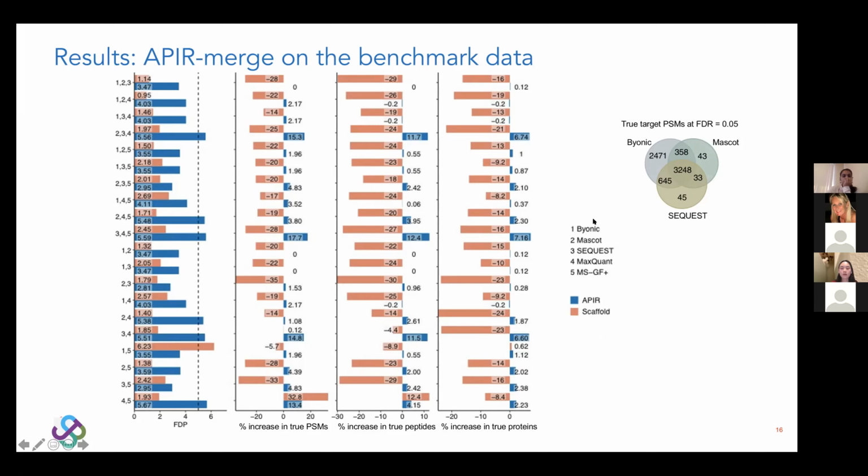The output of Byonic pretty much covers the output of Mascot and Sequest. That's why when we combine these 3 methods, the power improvement is 0, because the output of APIR would just be the output of Byonic.